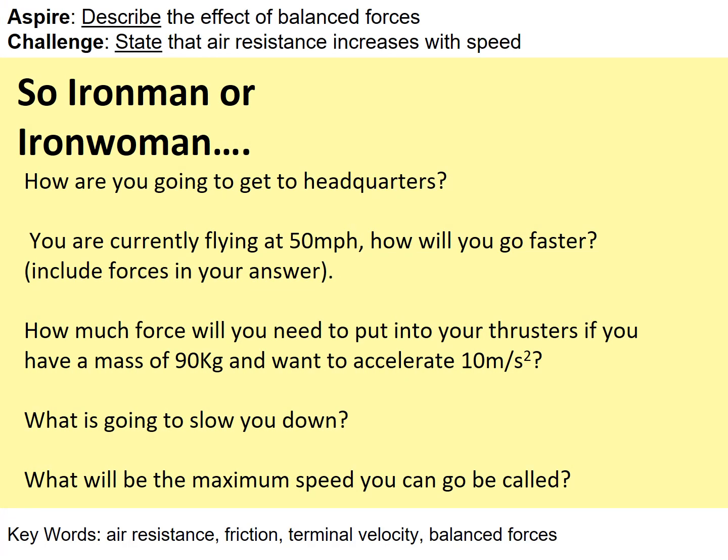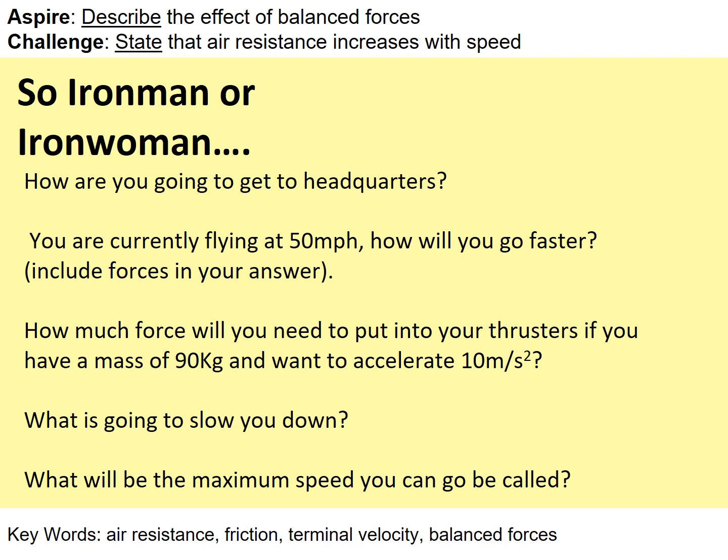So imagine you are Iron Man or Iron Woman. This is going to summarize all the lessons. You are flying through the air. How are you going to get back to headquarters? If you are currently flying at 50 miles per hour, what are you going to do to your forces to go faster? How much force will you need to put into your thrusters if you have a mass of 90 kilograms and want to accelerate 10 meters per second squared?